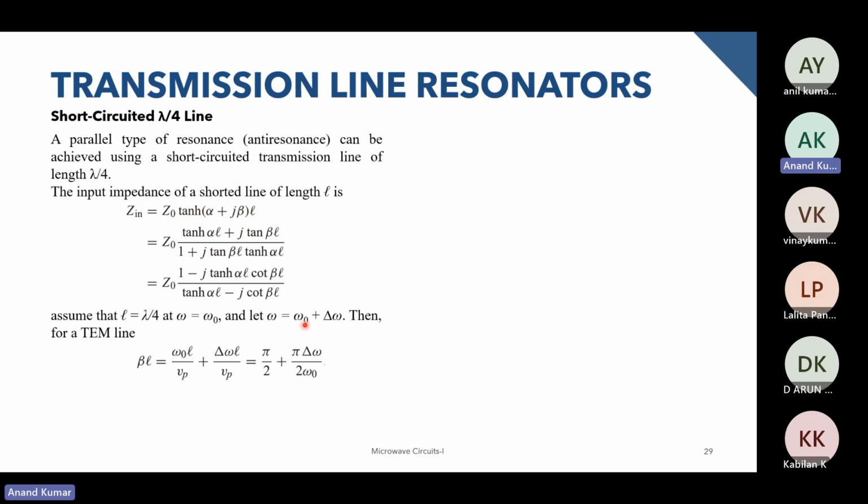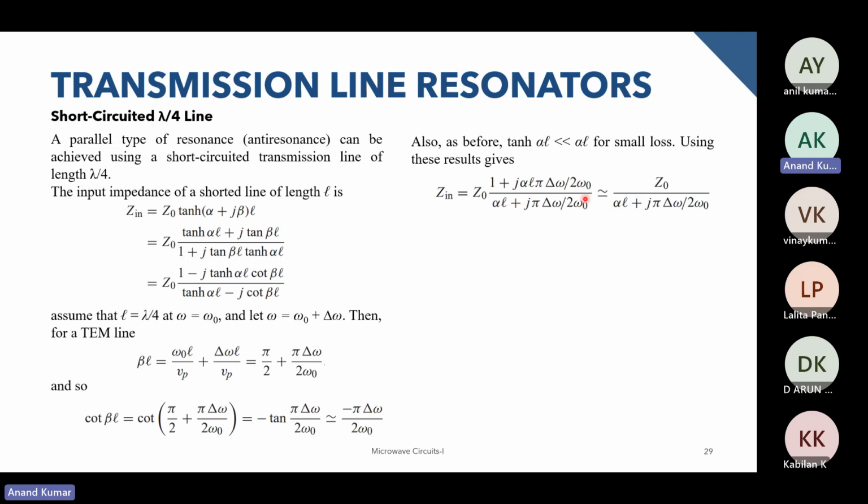Omega naught is the resonance frequency, and we do the same things. Since we are expressing in cot over here, we find the cot beta L value and finally find the input impedance. The steps are similar. Again, we calculate the input impedance using the tan h formula since we have alpha over here.